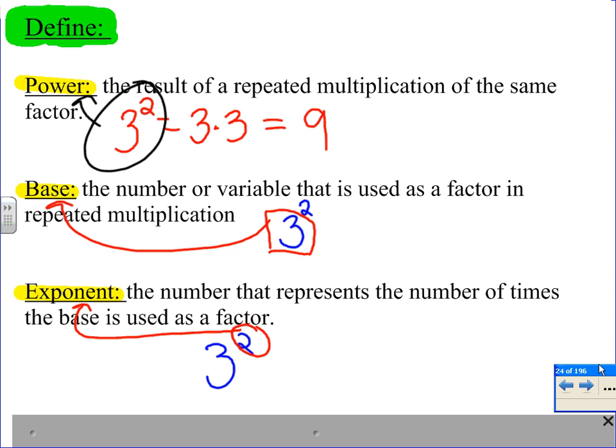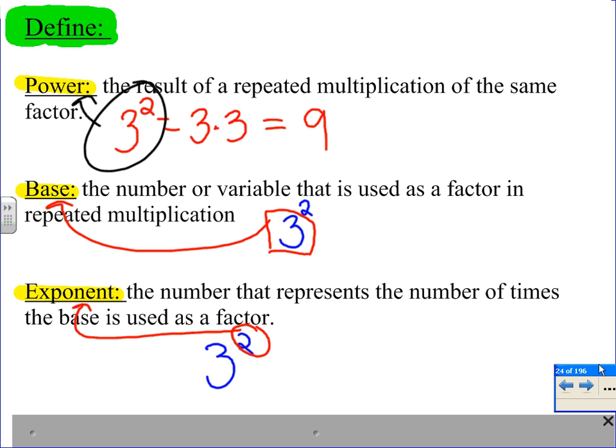The whole thing is a power. The big number is a base. The small number is an exponent. So I'll say that again. The whole thing, the 3 to the 2nd, is a power. The big number, which in this case is 3, is a base. The little number, which is 2, is an exponent.